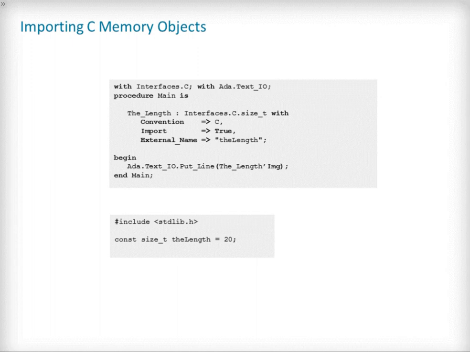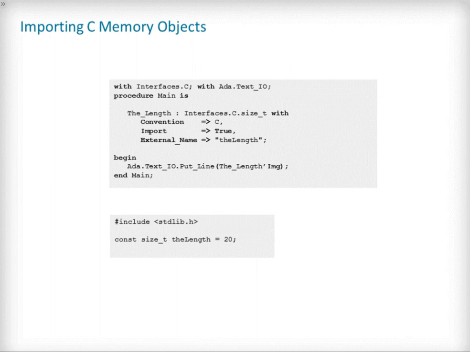It is also possible to import memory objects from C, as we can see in this fragment of Ada code. The familiar convention, import, and external name aspects are used to specify the Ada entity used to identify the foreign language memory object. In this case, the memory object is called the length, and it is defined in the subsequent snippet of C code as being a constant size_t typed value of 20.